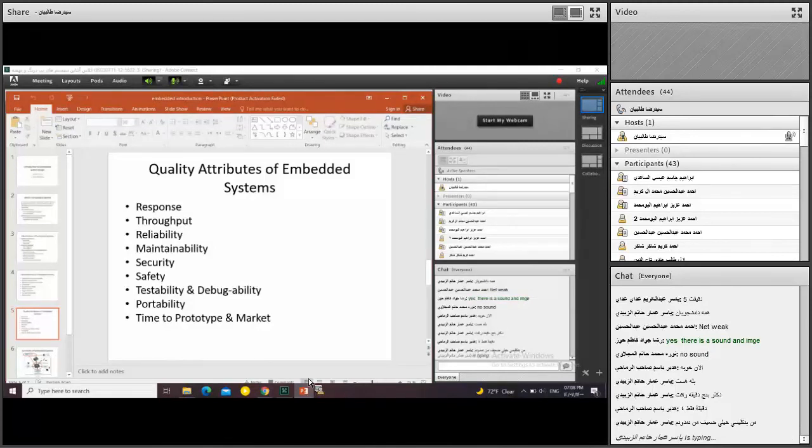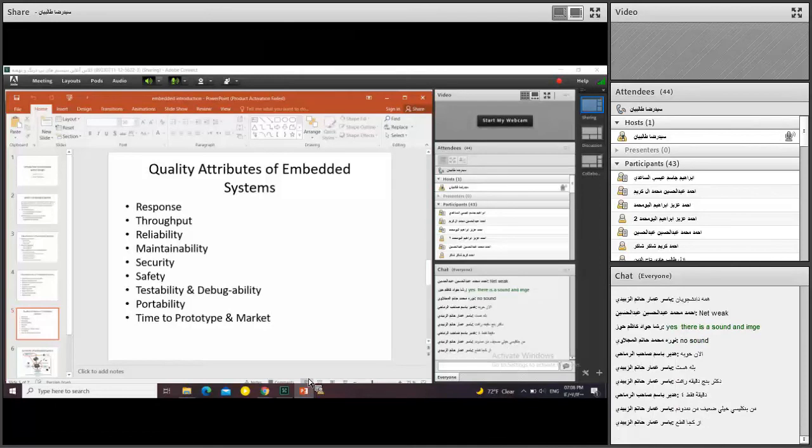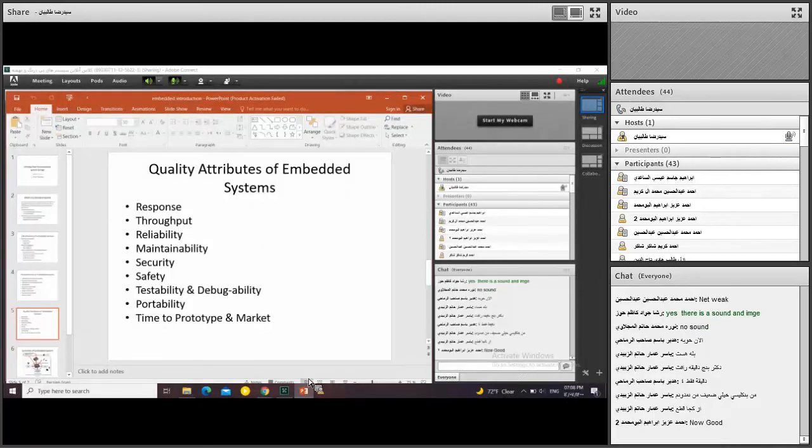Okay, now I start from quality attributes of embedded systems again. As you can see, we want to introduce you some quality attributes of embedded systems.